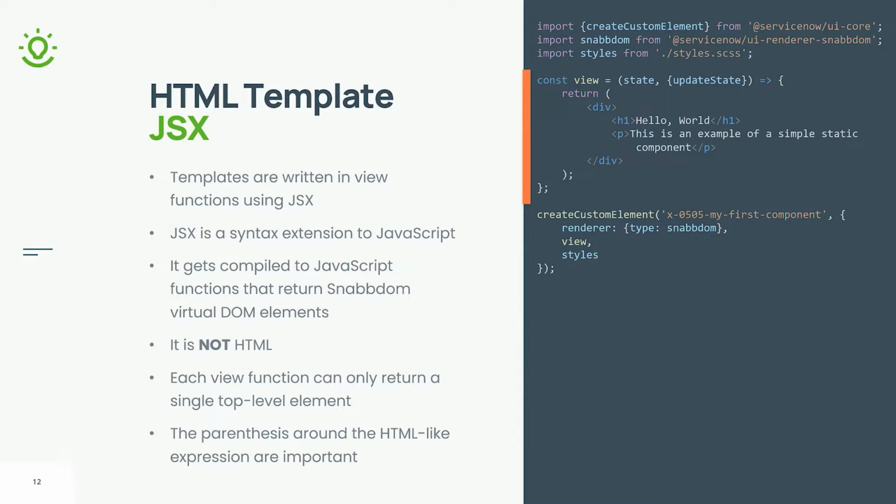So the HTML templates are going to be written in JSX. You'll notice the HTML inside of that view function. Now, JSX is a syntax extension to JavaScript. It's not actually HTML. We're not returning HTML out. Officially, you're returning JavaScript objects that represent DOM nodes, but that's a little complicated for this session.